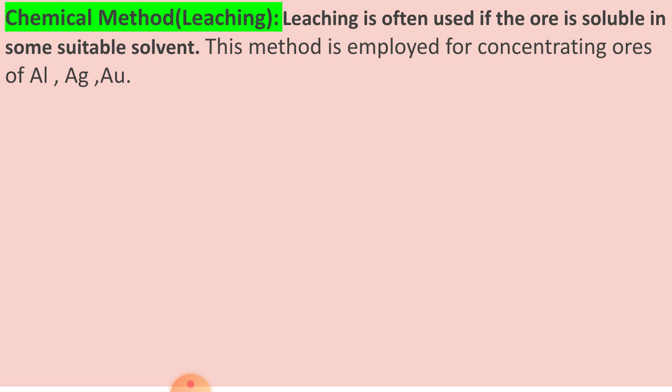Now dear students, the next chemical method that is also important is known as leaching. Leaching is often used if the ore is soluble in some suitable solvent. This method is basically applied for AAA, that is aluminum, Ag and Au.